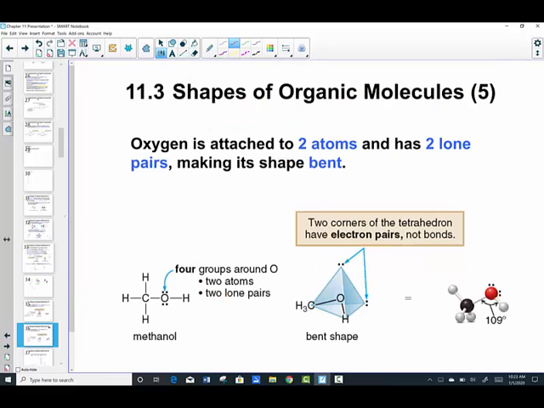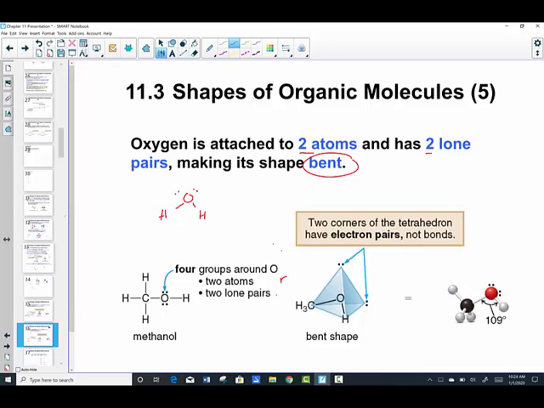A next geometric shape to consider around the central atom: if you see two atoms and two lone pairs, the molecule is now considered to be bent. Two corners of the tetrahedron and two electron pairs give us a bent molecule. For example, water is a bent molecule.